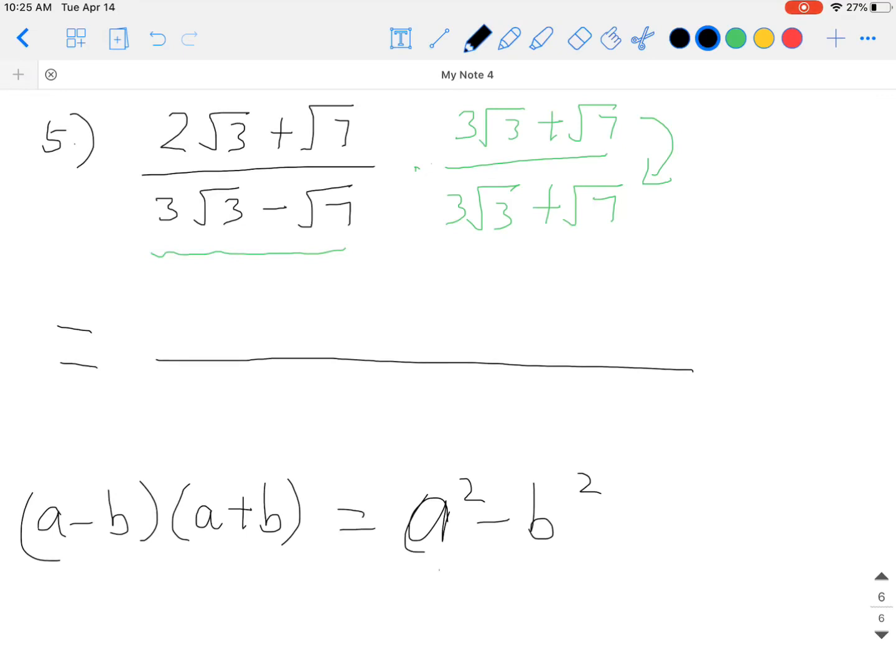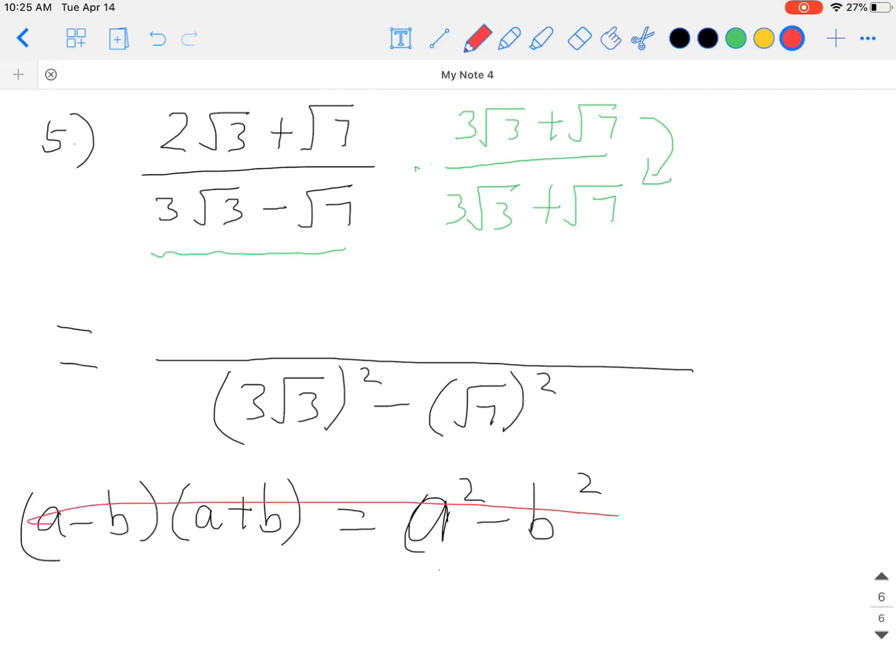If you see it is from the formula, then you can just write a squared minus b squared. On the top, because it's a plus b, there's no way to use this formula again, so on the top you have to do it one by one.